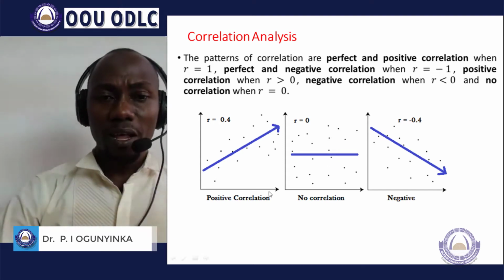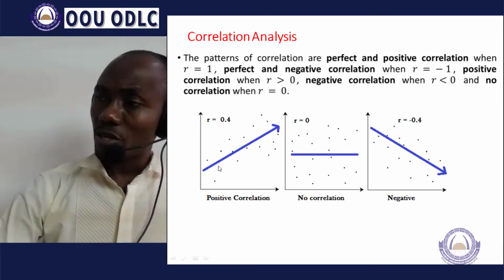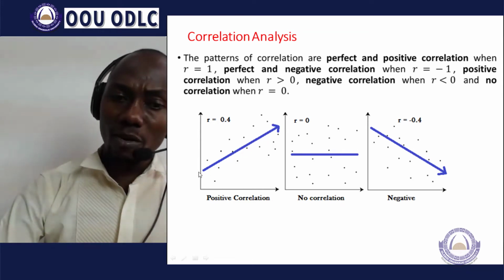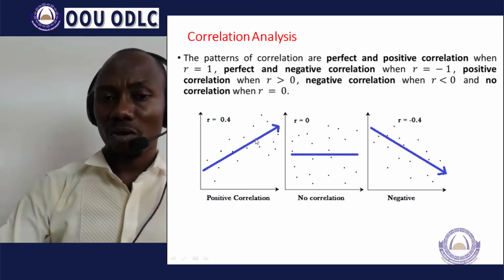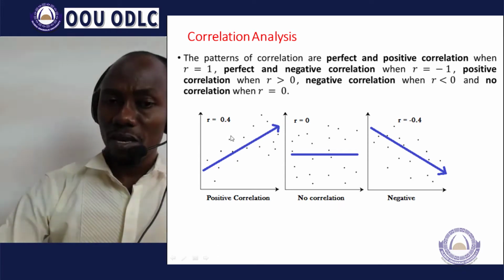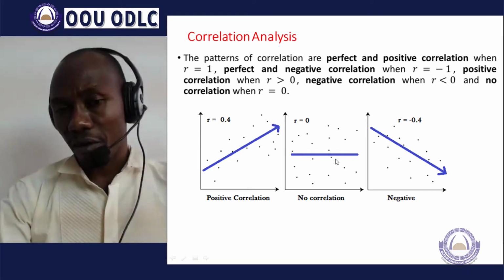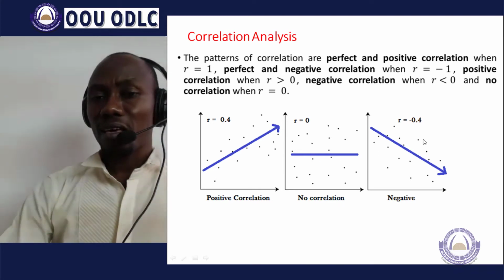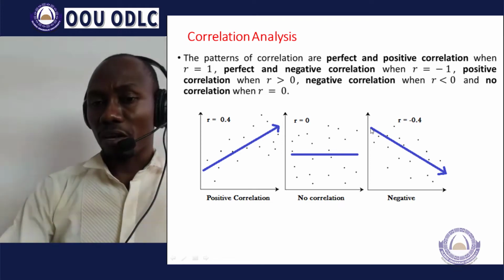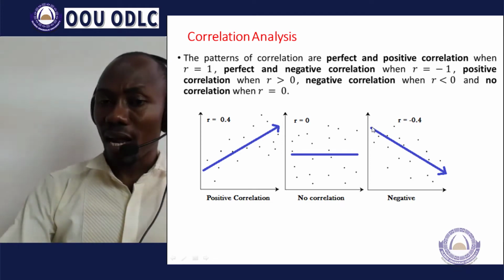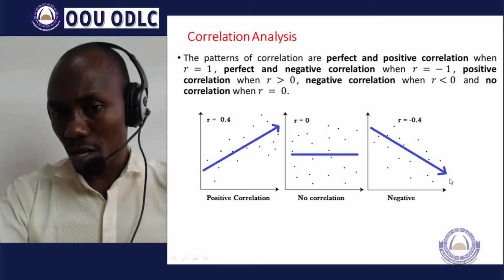The first graph explains when we have positive correlation coefficient, that is, the linear graph increases. In the second graph, there exists no correlation because the value of r is 0. And finally, in the third graph, we have negative correlation because the linear relationship declines, goes down.